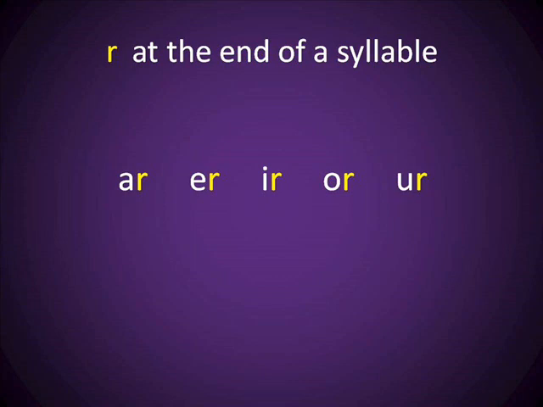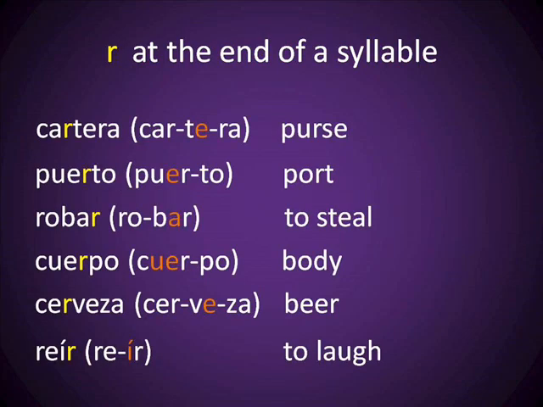Let's read the syllables. Ar, ir, or, ur. Or it also can be ar, ir, or, ur, with the rolling R. Cartera, cartera. Puerto, puerto.